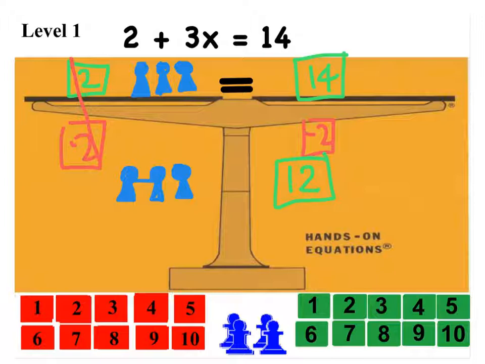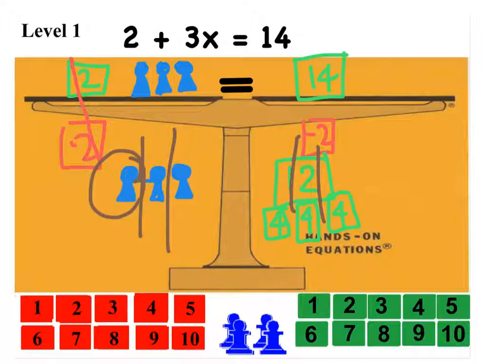Now, I want to split both sides into 3 equal groups. Why 3? Because I have 3 x's. So I can split this side into 3 equal groups, and then I need to split this side into 3 equal groups. Okay? So 12 divided into 3 equal groups gives me 4 in each group, and then I know one group on one side has to equal one group on the other side, so x has to equal 4.